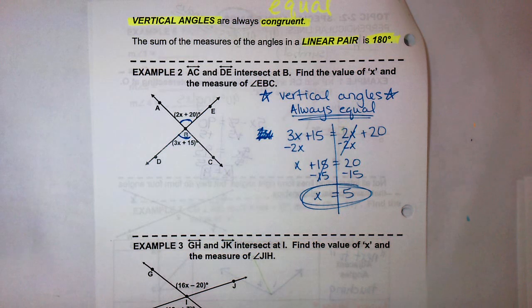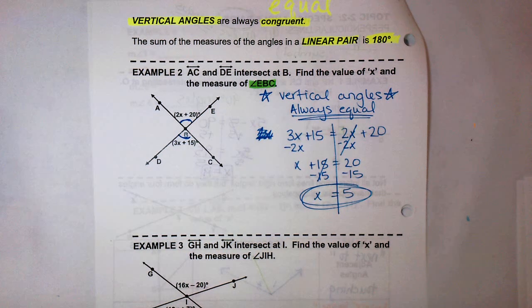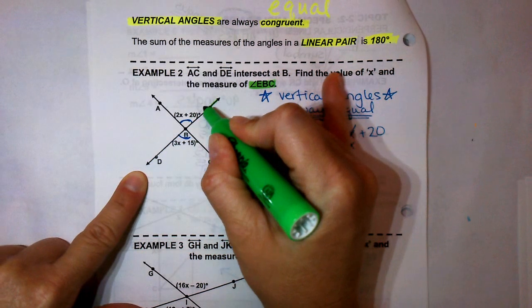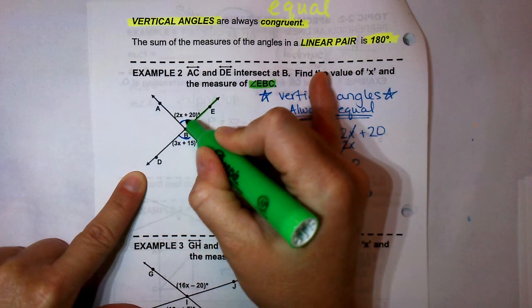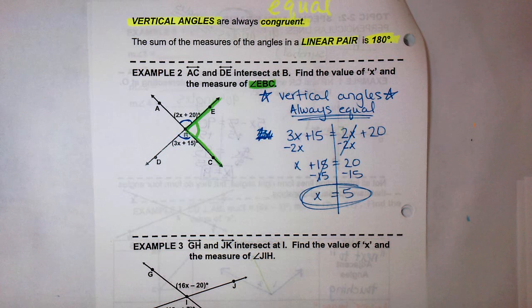But they actually want us to solve for EBC. Now, if I trace that, EBC is an angle that doesn't have an equation. So now I have to think about all the angles that I learned, and if I can figure out, if I plug in, right?